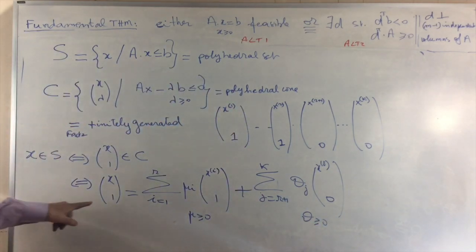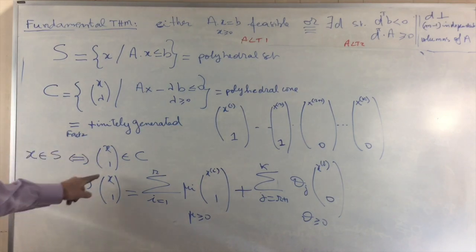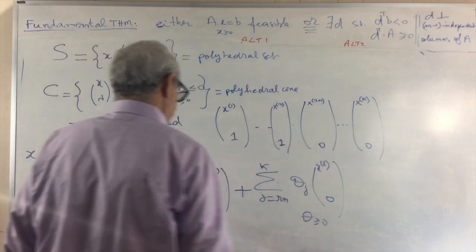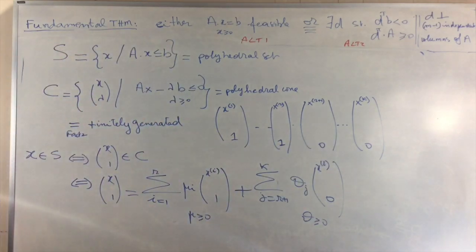That's what it means that it belongs to the cone. This x 1 is a non-negative linear combination of these vectors.